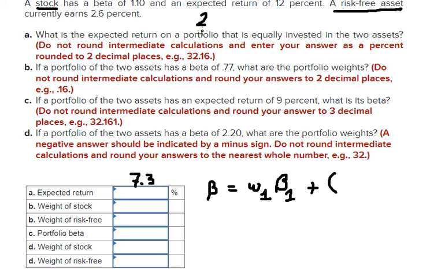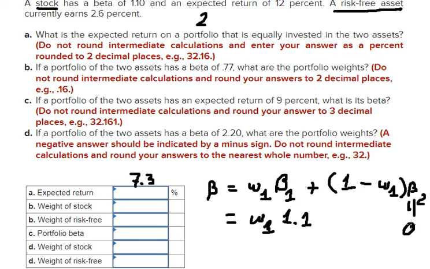Because we have only two assets, 1 represents 100% minus the weight of the stock, multiplied by beta of number 2. For a risk-free asset, beta number 2 equals 0 because it is risk-free.